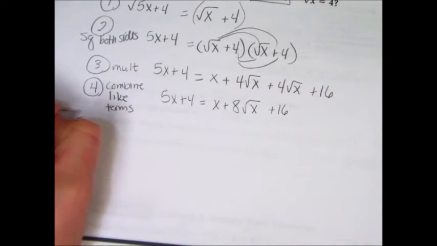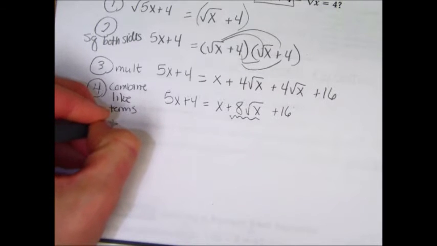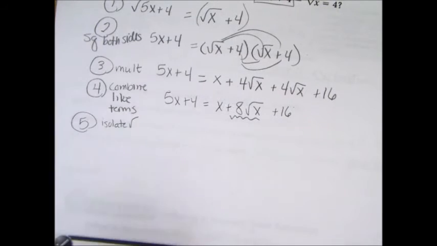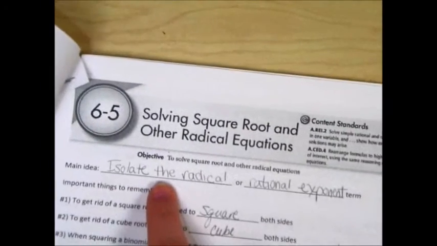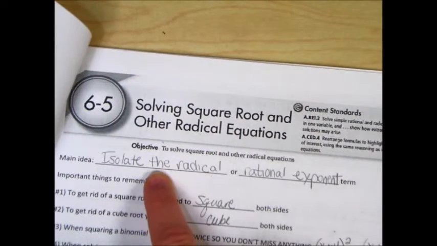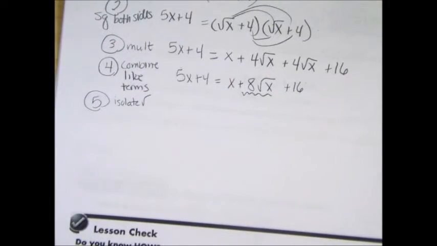Step 5, you see how you still have this square root left? That means you have to isolate the square root. And that came from the beginning of the lesson when I told you your main idea is to isolate your radical. If possible, always isolate your radical. I'm going to isolate my radical.